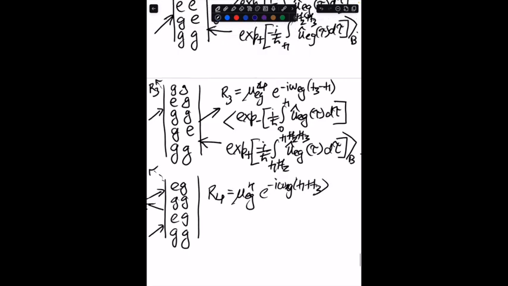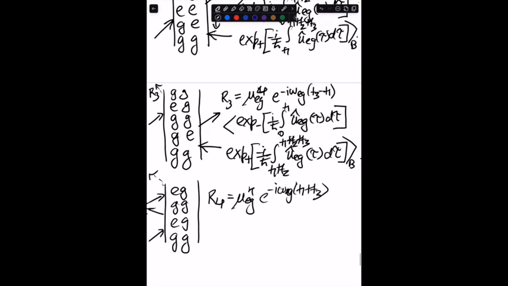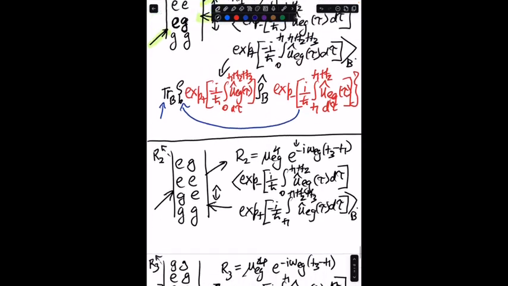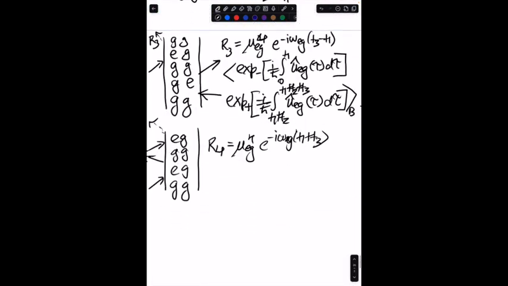So R4's coherence will exactly correspond to that of R1 because the first coherence and the second coherence is Eg, and that's the same in the case of R1. So then you have your dephasing. In this case, it's both positive time ordered exponentials. So please pay careful attention to the ordering.